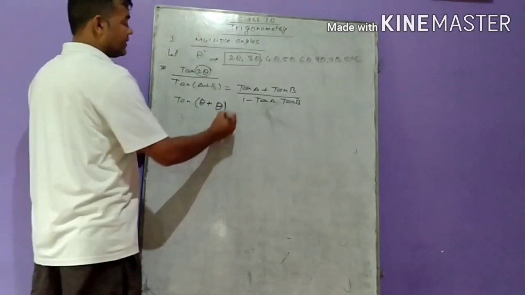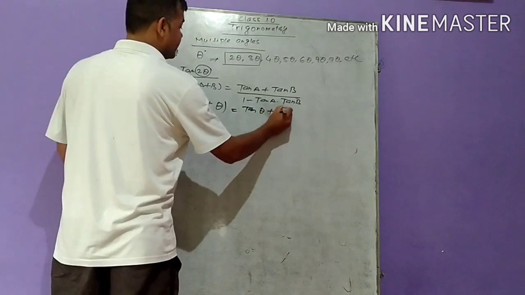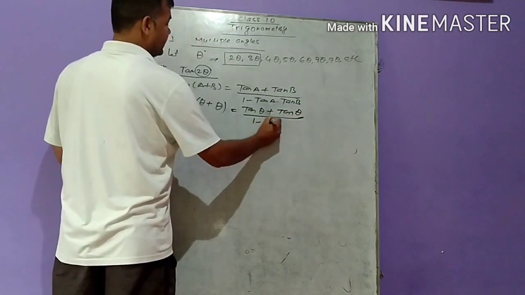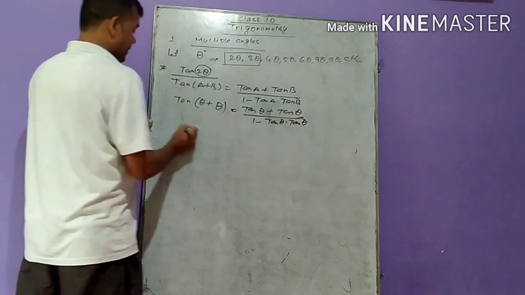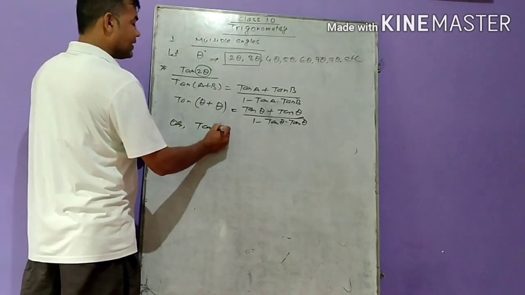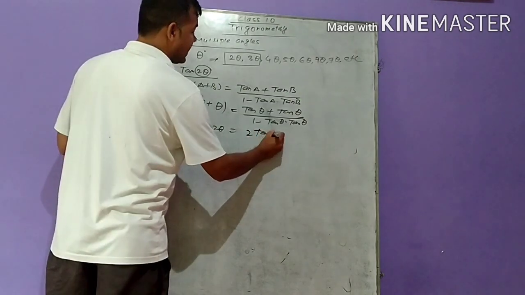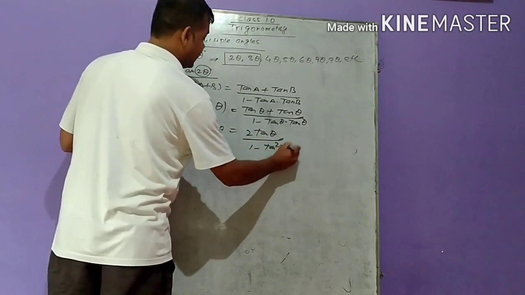In this condition, what we see here is tan theta plus tan theta upon 1 minus tan theta into tan theta. So what we get is tan 2 theta equals 2 tan theta upon 1 minus tan square theta.